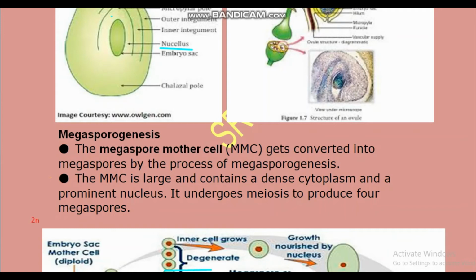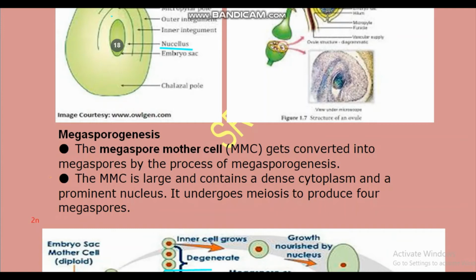Only a few cells, depending on the type of flower, plant, or species. So here we will choose only, suppose, one cell which will undergo meiosis, and that cell is called the megaspore mother cell. That means in this nucellus all the cells are diploid, but only one cell will undergo meiosis, and that is called the megaspore mother cell. Here is the story, nothing else.